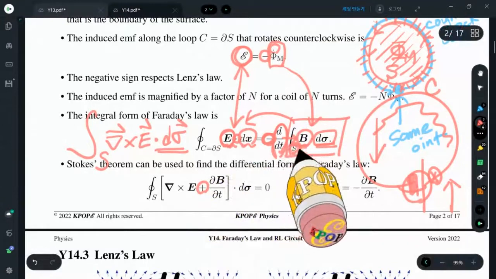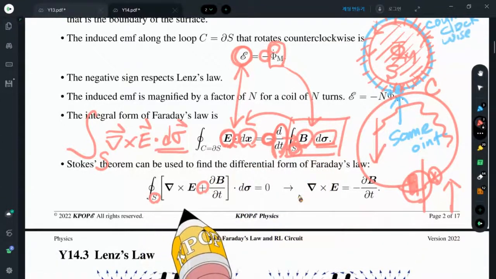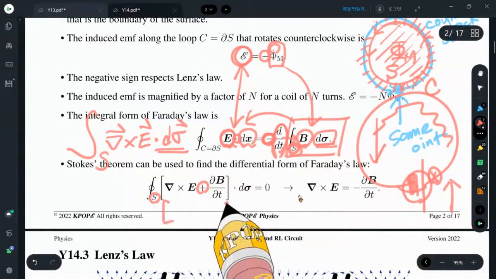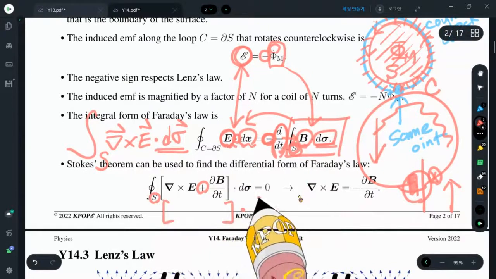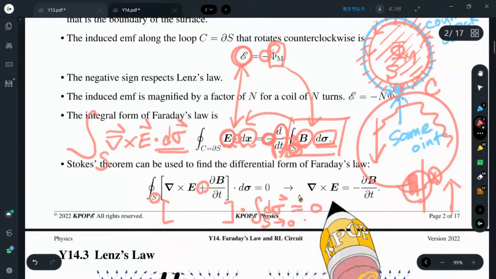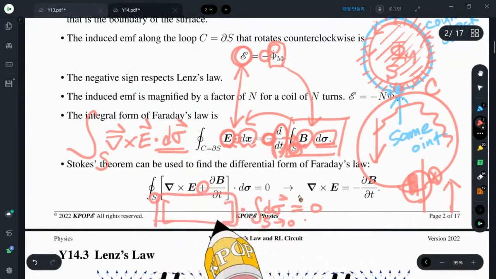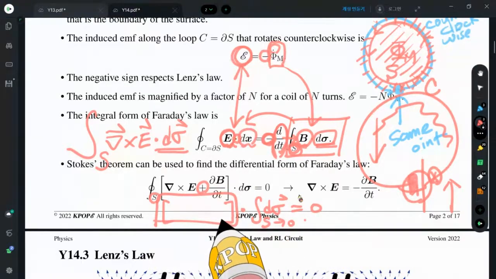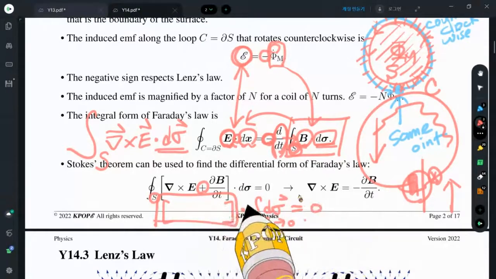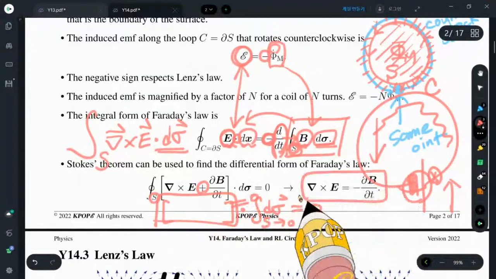Now we can shrink the size of the surface arbitrarily small, then this integrand is factored out because it becomes a constant. S goes to 0. It is 0 at every time, therefore this integrand vanishes. So if it is 0, then it is written in this form.